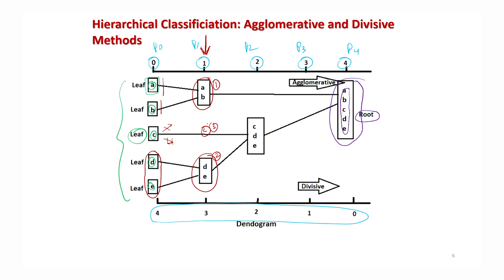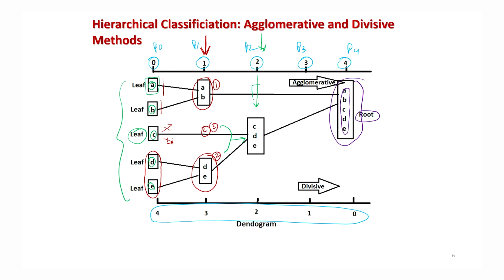Now in the next slide, I come to this stage. Let me use a different color pen, this green color. In the next stage, C and the second cluster, DE, are closest to each other, and we merge them together.